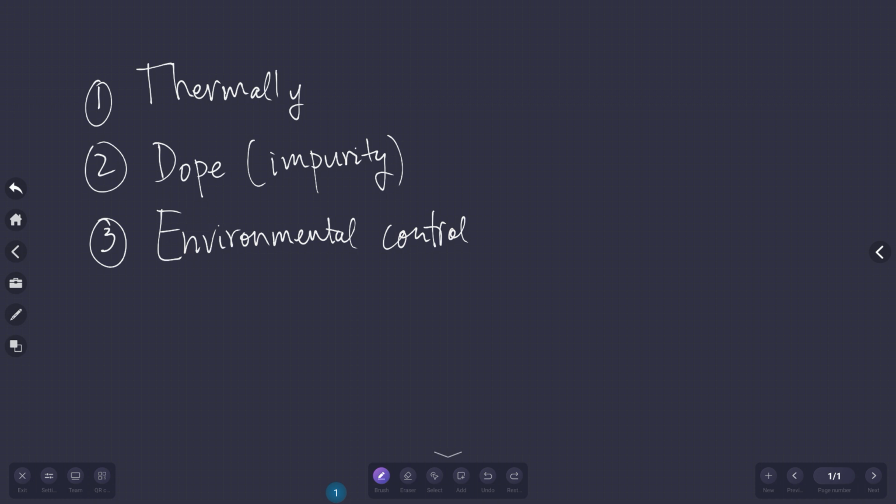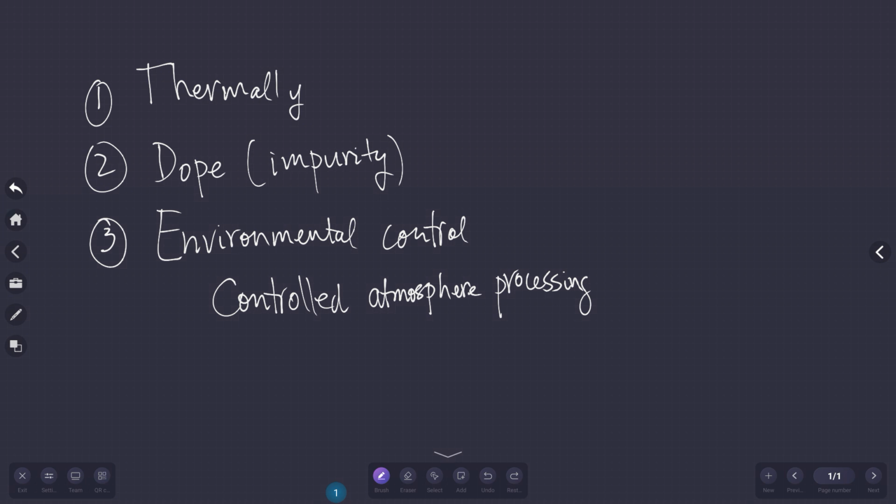And that will lead to the so-called controlled atmosphere processing that I wanted to talk about as a topic. So you will see that you can control the environment, something like offset pressure, and introduce point defects.